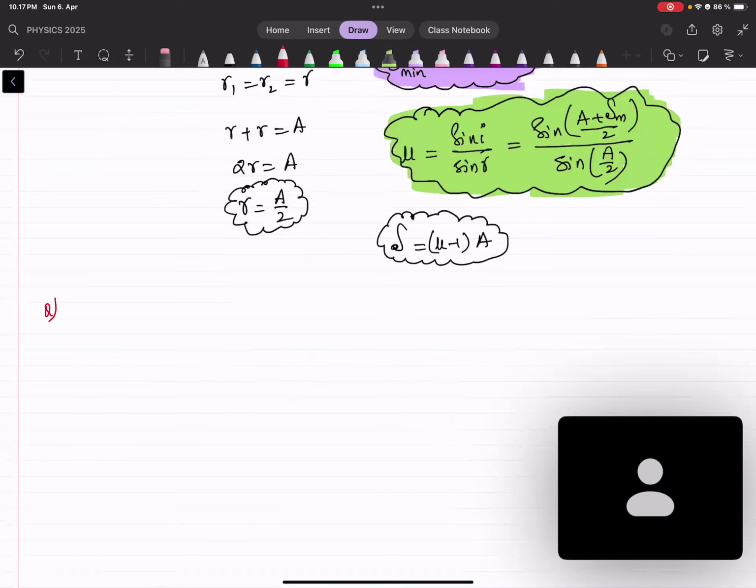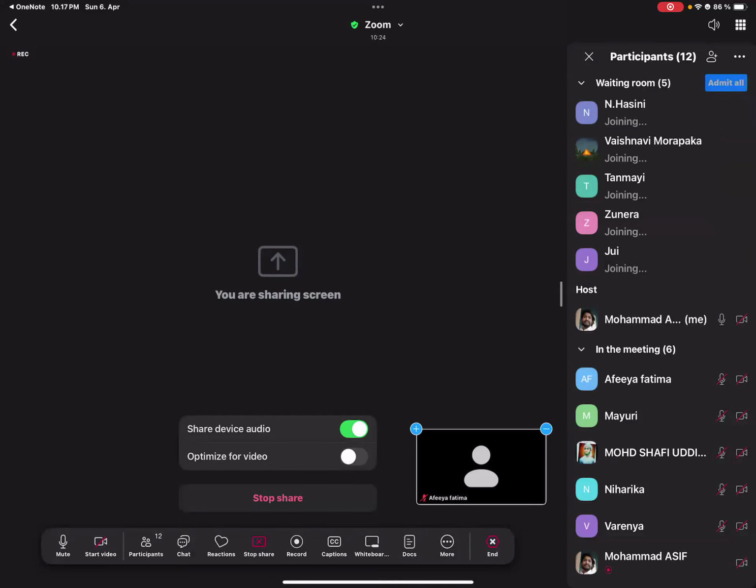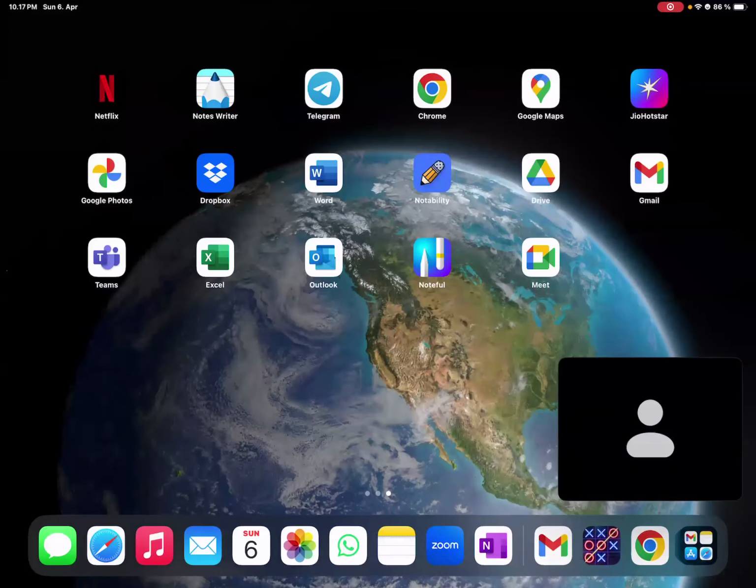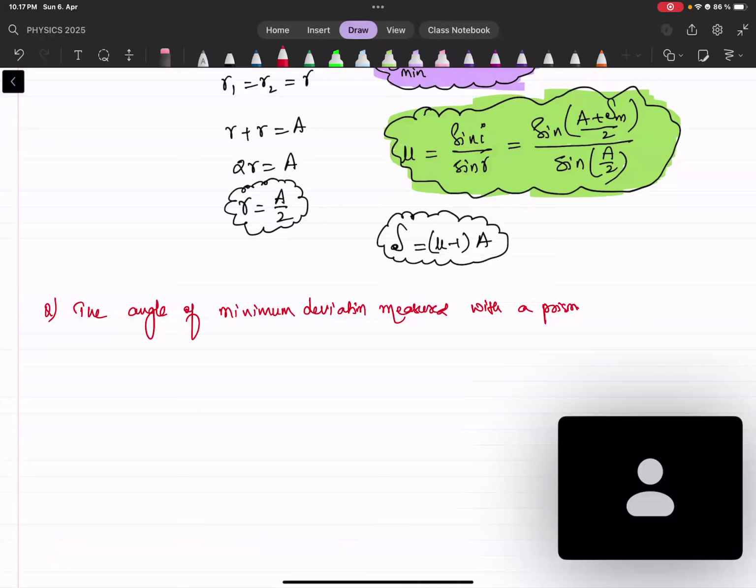Sure. Let me give you one small question. Do it faster. The angle of minimum deviation measured with a prism is 30 degrees, and the angle of the prism is 60 degrees.